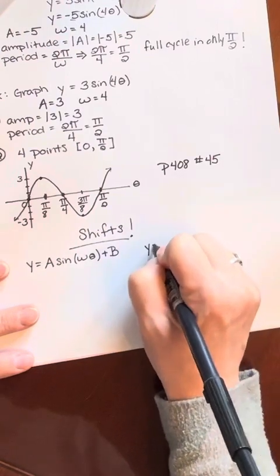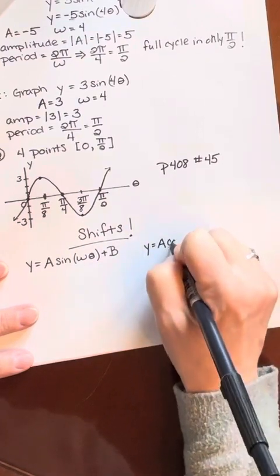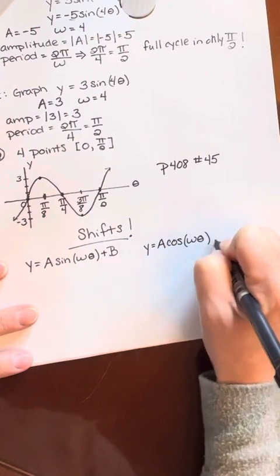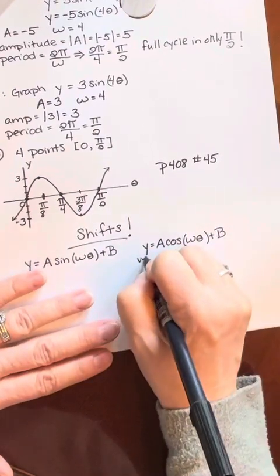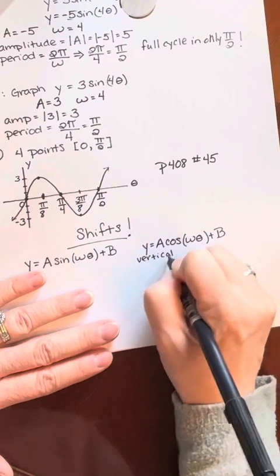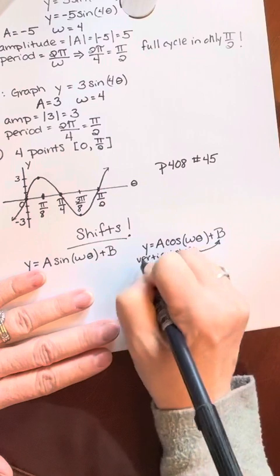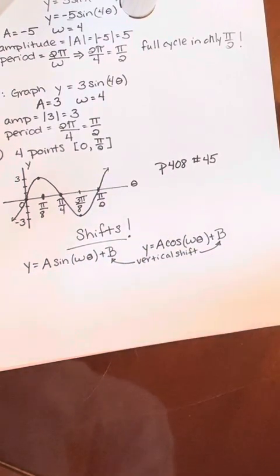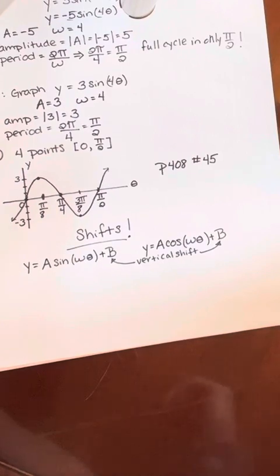Same thing with cosine, so y equals A, or we could be fancy and say alpha, cosine of omega theta plus b. So your vertical shift is your b. I'm not sure why they switched over to b instead of k, but that's what your textbook will say, b. It honestly doesn't matter what letter you choose as long as you know what's happening.